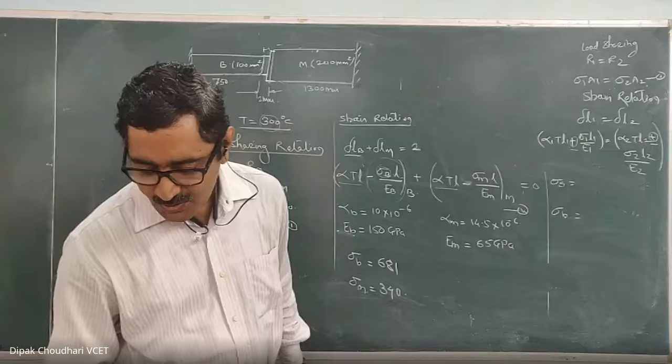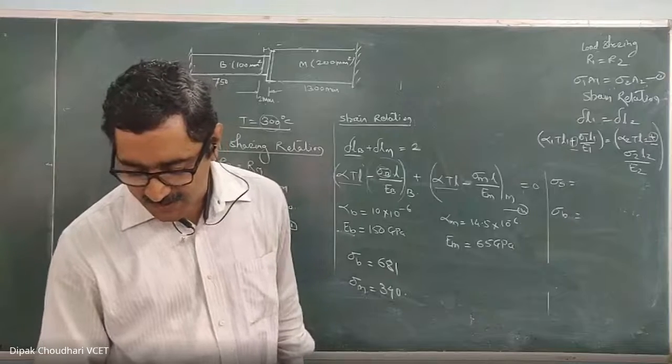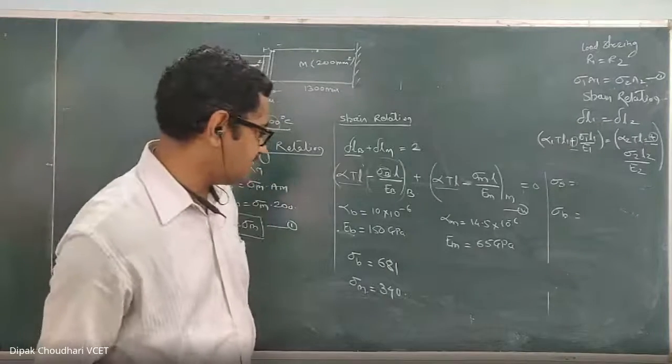Sigma m equals 340.5 and sigma b 681. Is it correct? No, the answer which I got is 196 and 393.